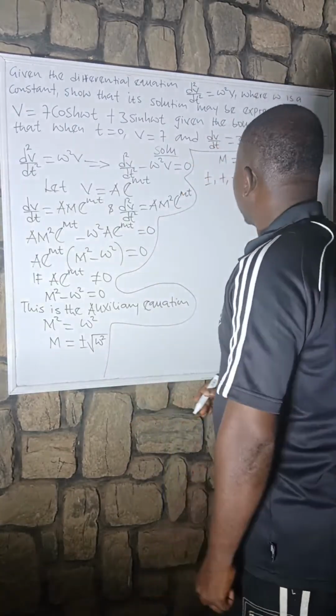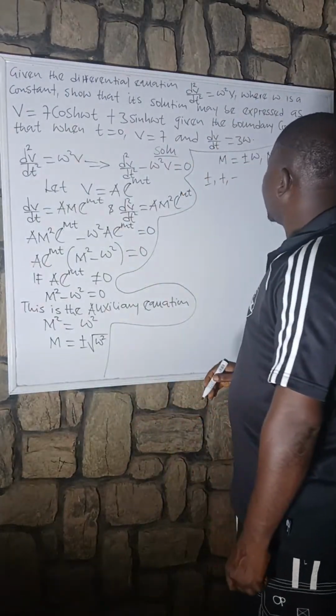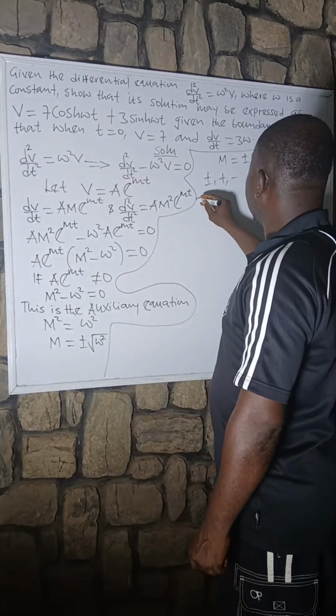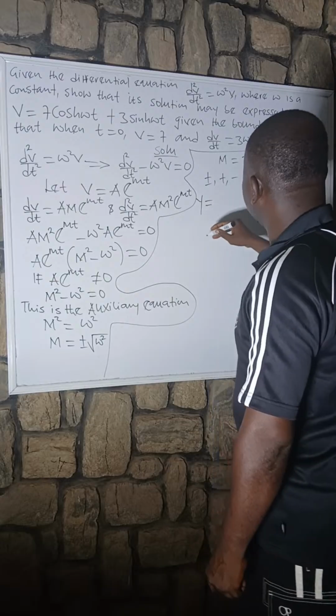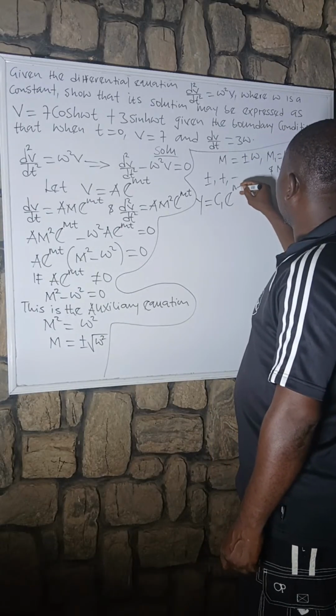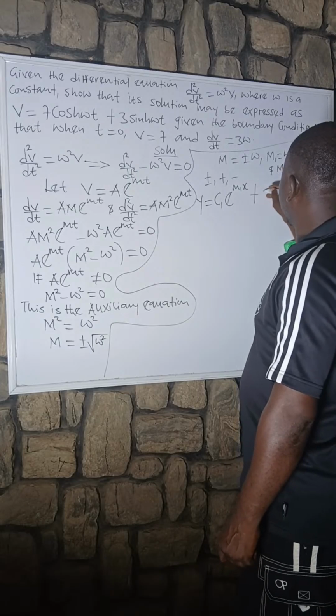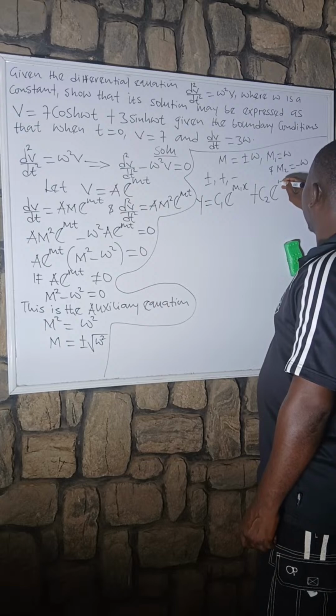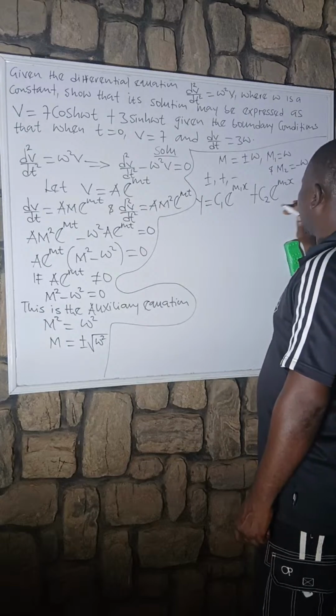Okay, so if you agree with me, it means our general solution will now be c1 exponential m1x plus c2 exponential m2x, true or false?